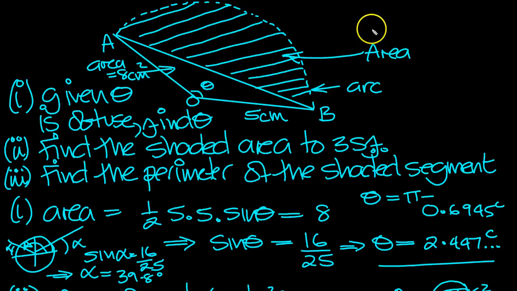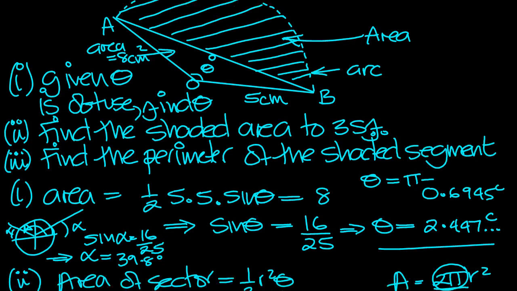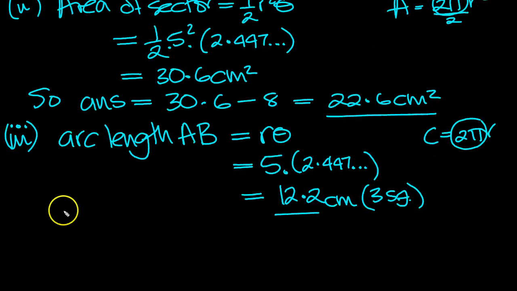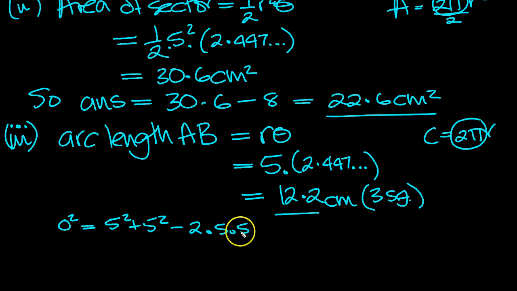Now the perimeter of the shade also needs to include this length here. And if we labelled that as, we'll have to call it o, I suppose, little o, and use the cosine rule. So o squared is equal to the other two sides squared, which is 5 squared plus 5 squared, minus 2 times the other two sides, which is 5 times 5, of course, cosine of the angle theta, isn't it?